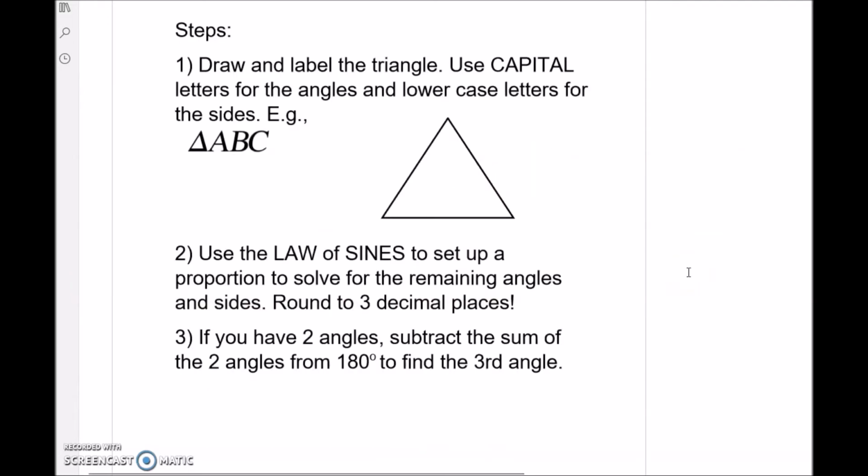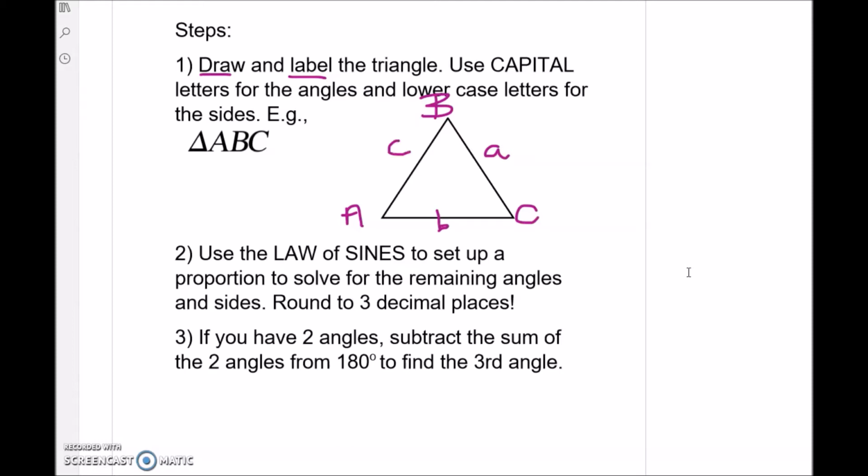Okay, so let's talk about using law of sines to solve some triangles. The steps to going through these problems: first of all, you always want to draw and label your triangle. Remember, you're going to use capital letters for the angles and lowercase letters for the sides every single time.